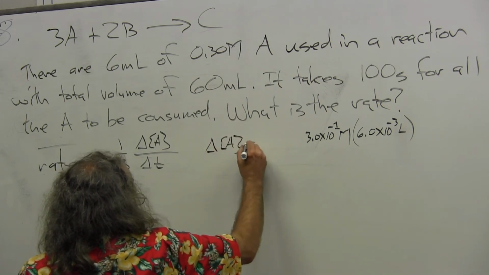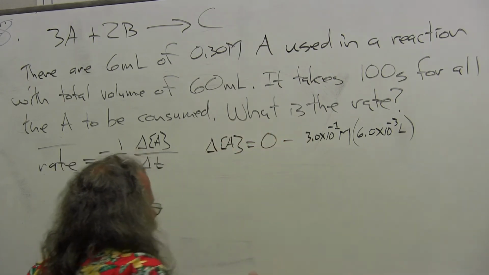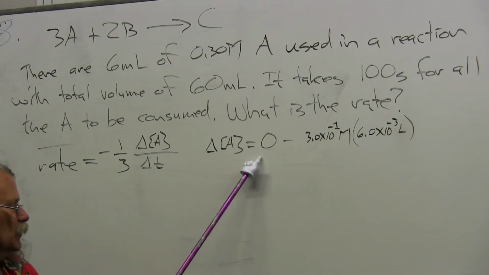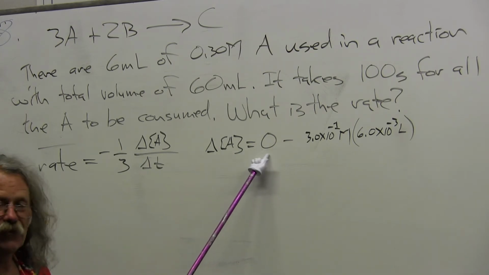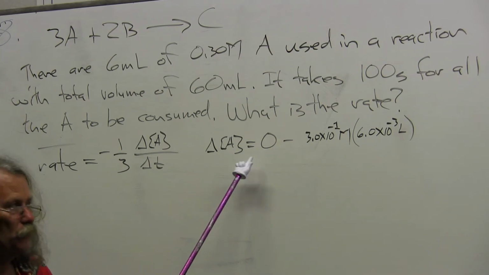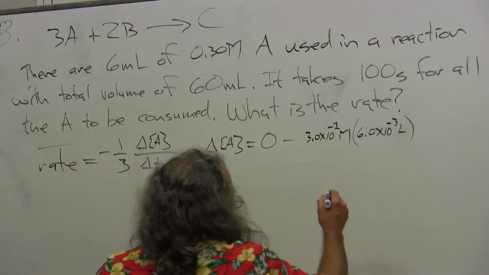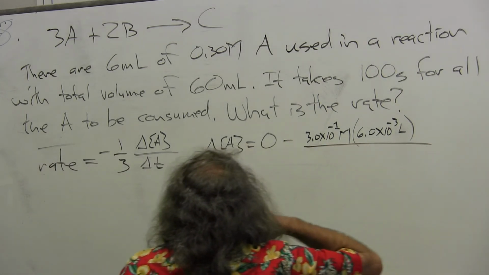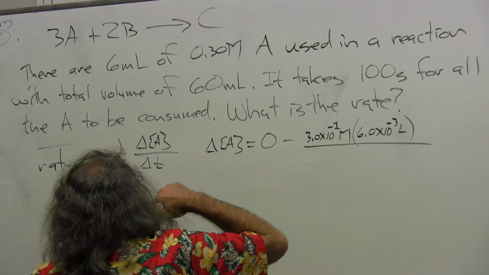Delta A equals 0 minus that, because the final concentration of A at the end is 0. It's all been consumed. So minus this, and now I have a total volume of 60 mils.